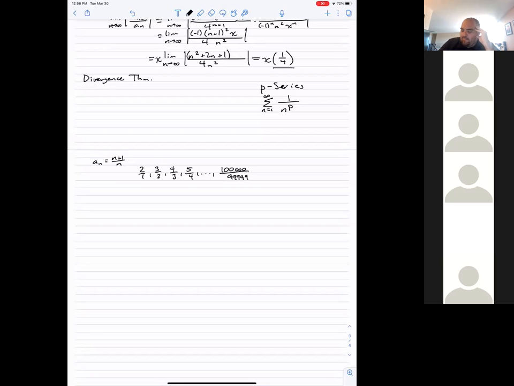In fact, if I do a little bit of algebra here, I could divide through by n and get 1 plus 1 over n. Clearly, 1 is a constant. What will 1 over n do as n gets very large? It goes to 0. So no matter which way you look at it, you have a sequence that converges to 1. Okay, that makes sense. Thank you. No problem.